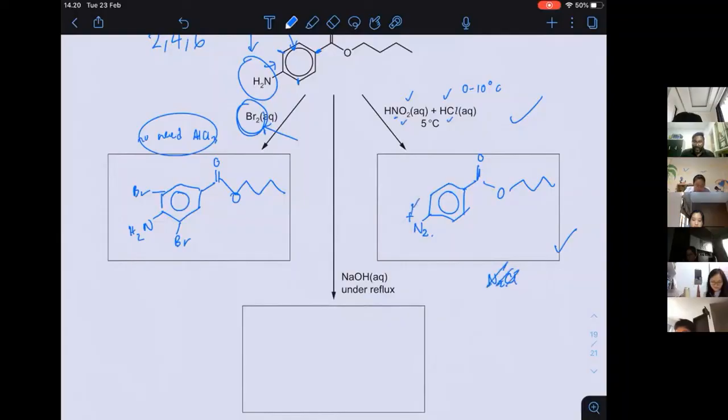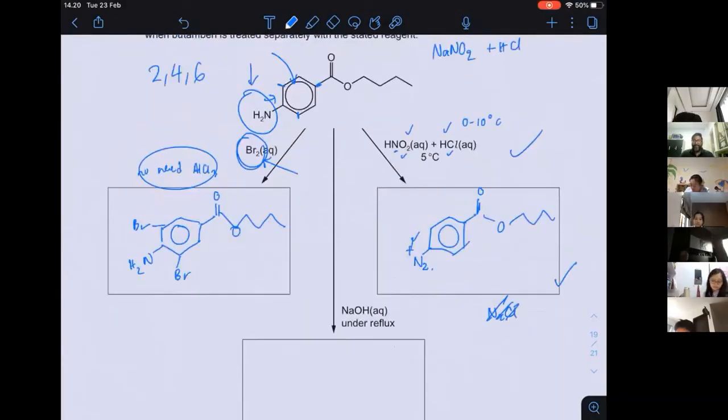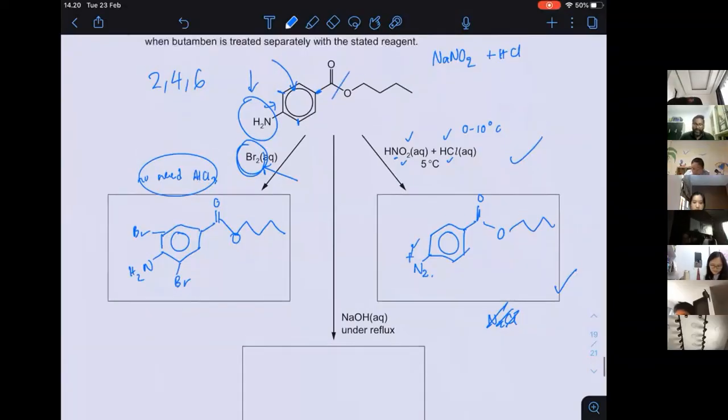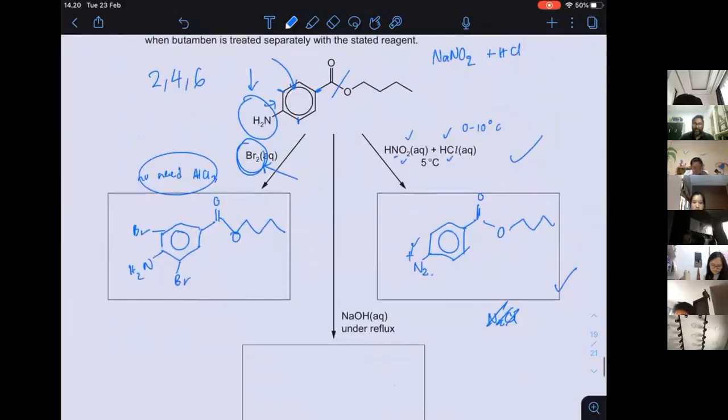The next is going to be NaOH under reflux. So sodium hydroxide under reflux. Basically, we are trying to break the ester. So this bond will be broken. Here when you do that, you are going to have two products.